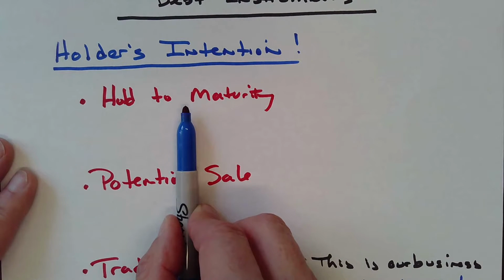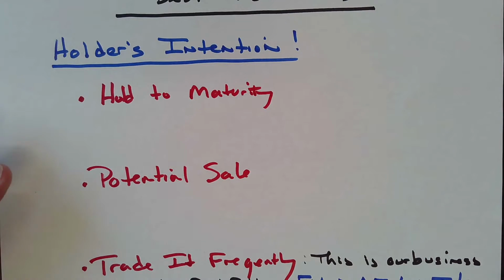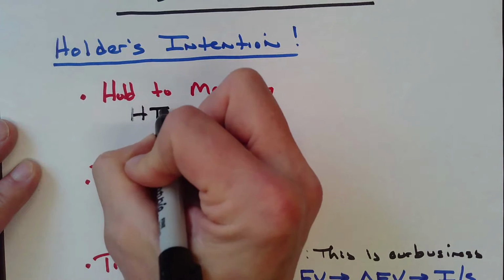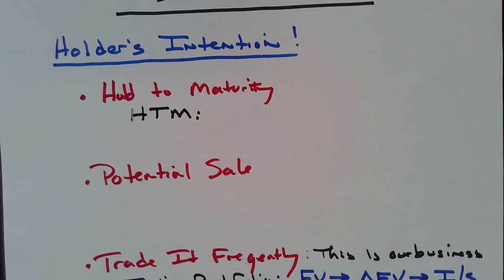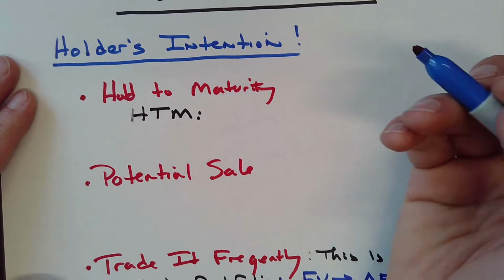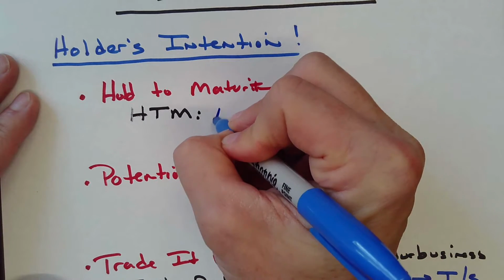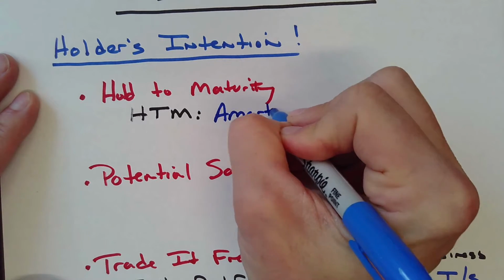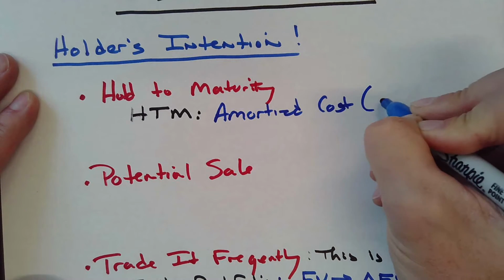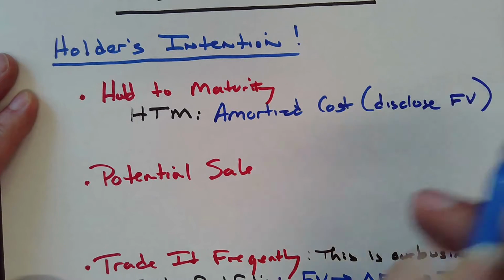held to maturity. This is what's referred to as the HTM portfolio, held to maturity, HTM. If you have a held to maturity portfolio, then you are going to use what's referred to as amortized cost, and you're going to disclose the fair value.